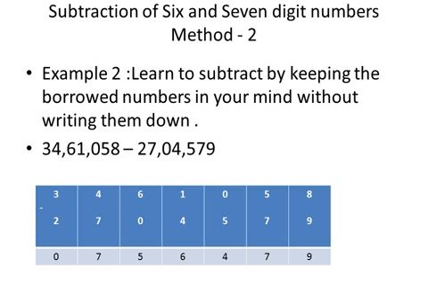Again same method from slide number 2. But you cannot write the numbers here, so you solve directly. Borrow that 1 from the 5, you don't write, only keep in your mind, and there it becomes 4.